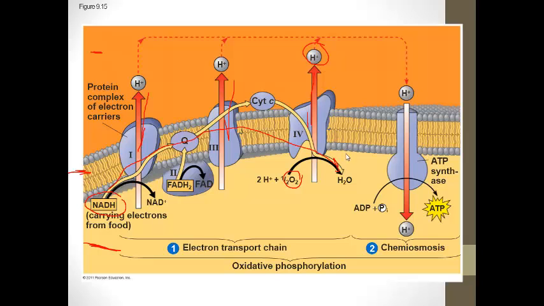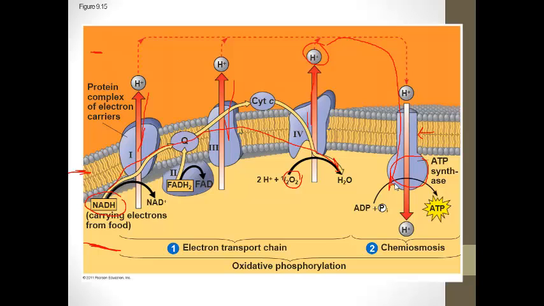Also located in the inner membrane is an important enzyme called ATP synthase that you see right here. ATP synthase is a protein channel that has a turbine attached to it. When the protons create this gradient, this proton motive force, the ATP synthase is going to open up, and all these protons are going to rush through the ATP synthase.